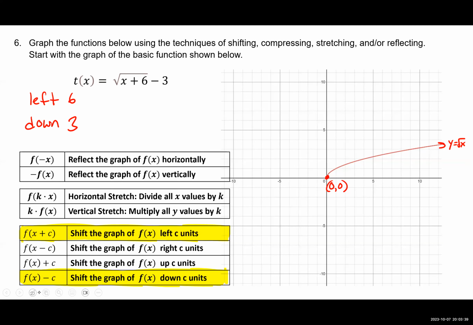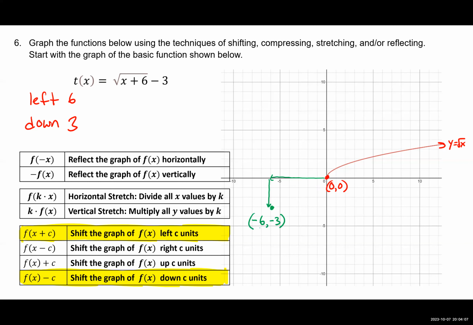So I'm going to go straight from the y equals the square root of x to our final answer. Left 6. So we're going over here to negative 6 on the x-axis, and then down 3. So that'll be the point negative 6, comma, negative 3.